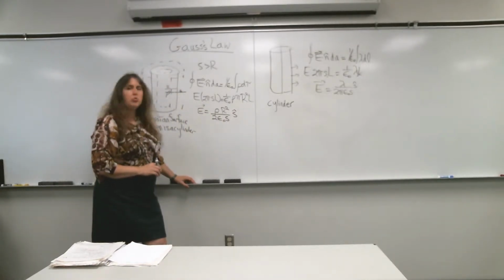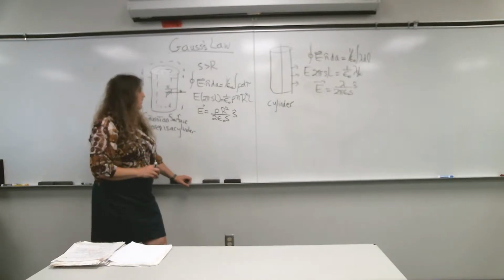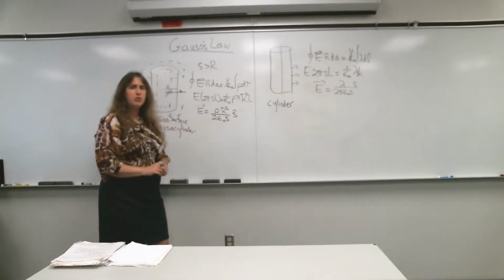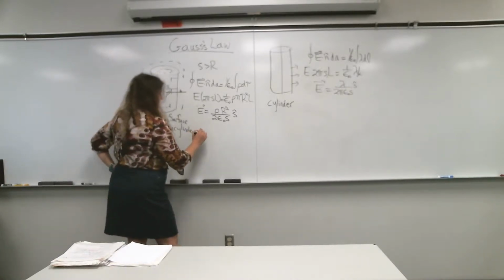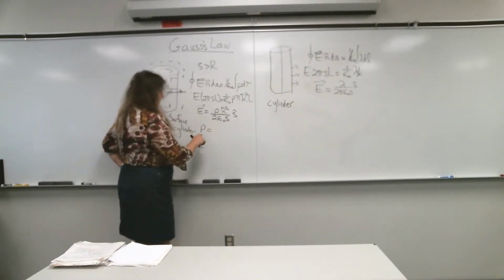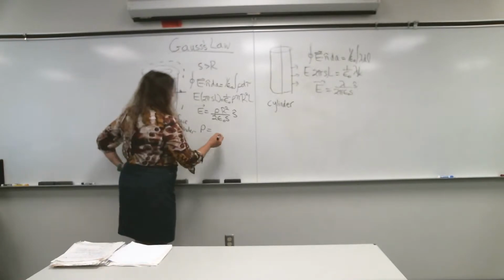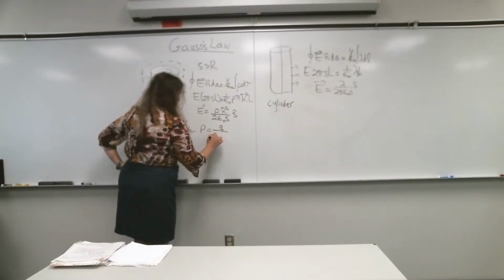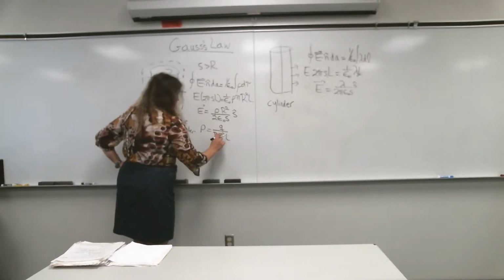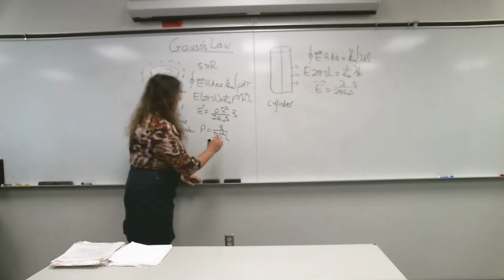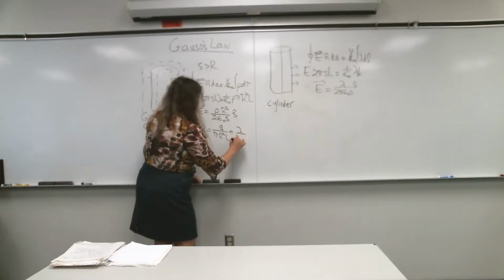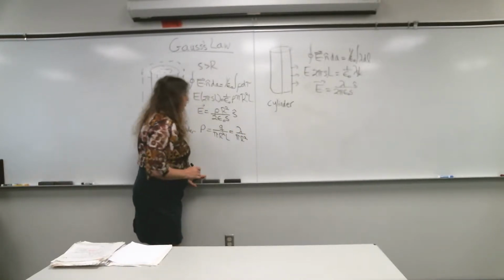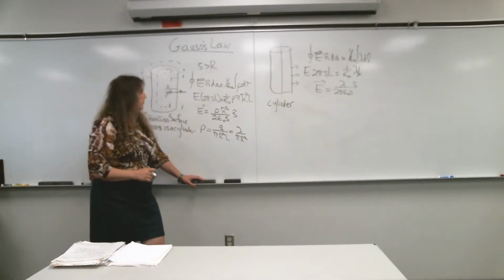It's actually more useful to express this in terms of line charge density for comparison with the previous problem. Volume charge density is equal to Q over pi r squared L, or lambda over pi r squared.